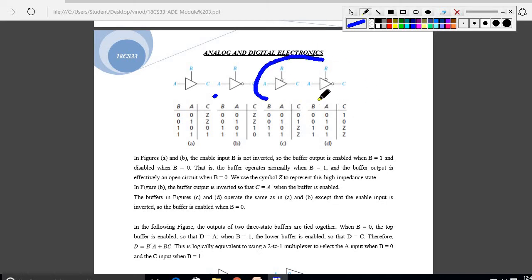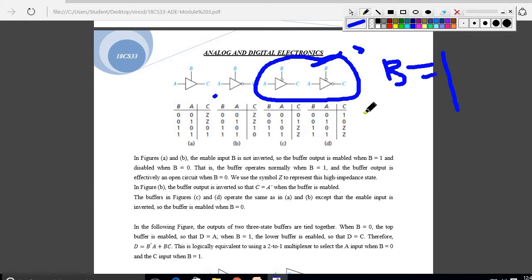This is the reverse process of the previous one. Is it clear? Here, B should be 1 for C to be in a high impedance state. In this truth table, when B is equal to 1, irrespective of the A input value, the C output is always in high impedance state. It's the reverse case of the previous one.